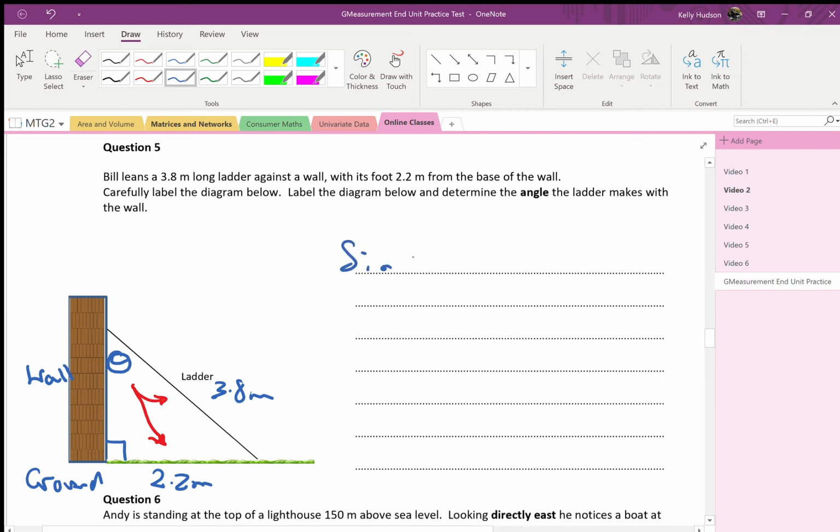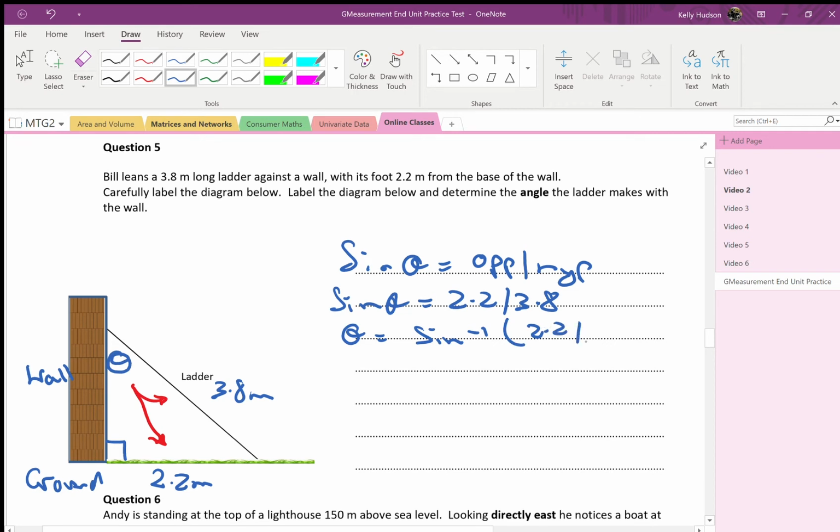Sine of theta is equal to opposite over hypotenuse. Then I'm going to put in sine of theta, my opposite 2.2, my hypotenuse 3.8, and therefore theta is equal to sine to the minus 1 of 2.2 divided by 3.8.